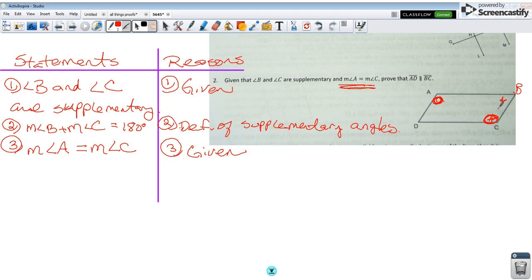Now, let's talk about consecutive angles. Consecutive angles are supplementary. And so this angle plus this angle will total 180 degrees, because they are consecutive, right next to each other.